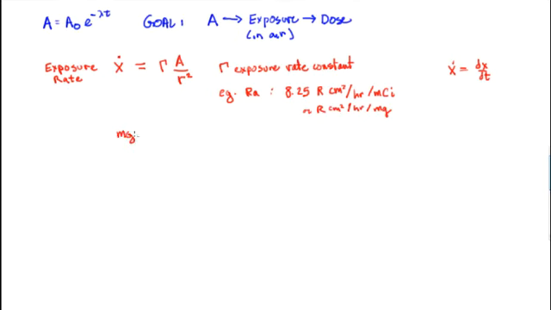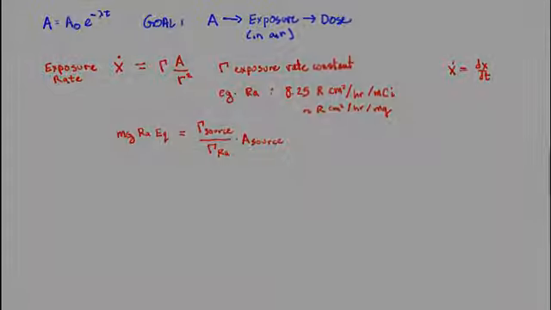And for any given source, we can talk about the milligram radium equivalent of that source, often written like this. That's simple. It's just the exposure rate constant for the source divided by the exposure rate constant for radium, so how much more powerful that source is than radium, times the activity of the source. So if you have a higher activity source, of course, it has a higher milligram radium equivalent.